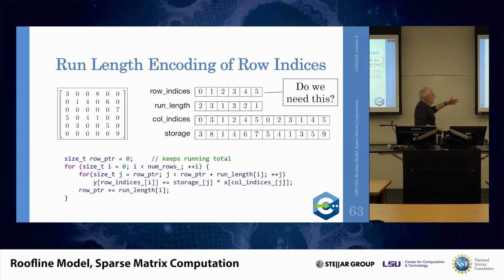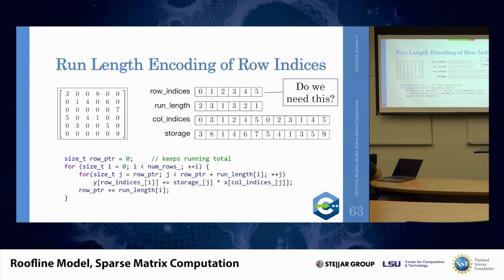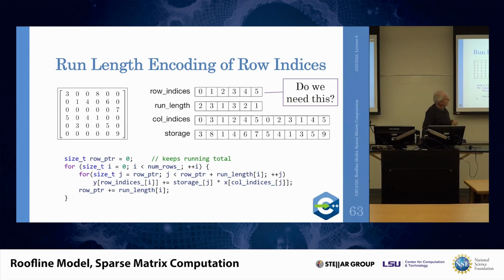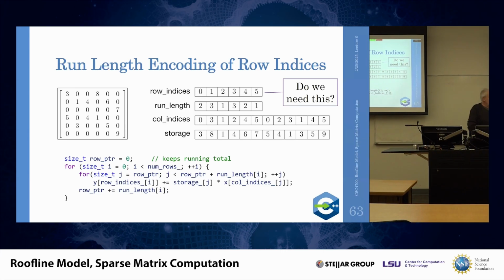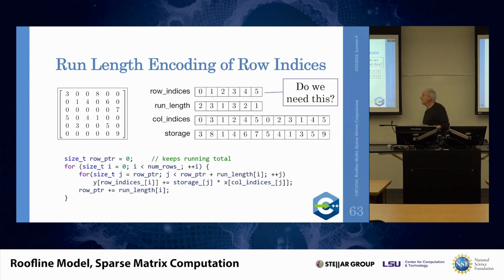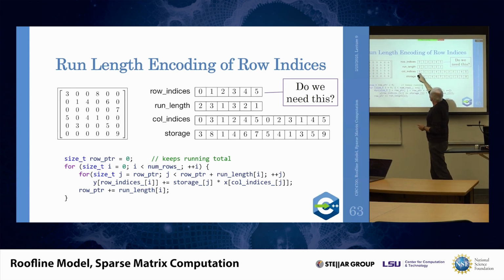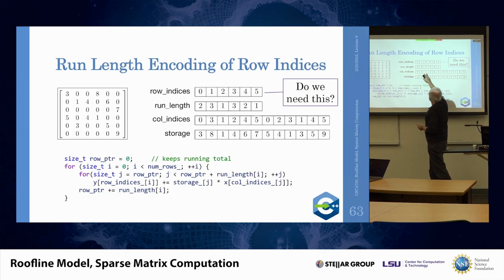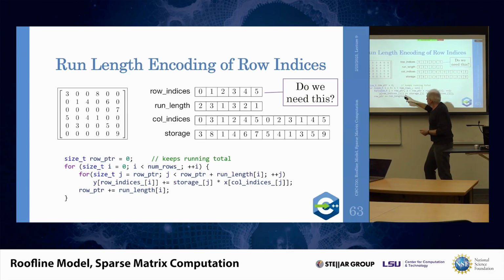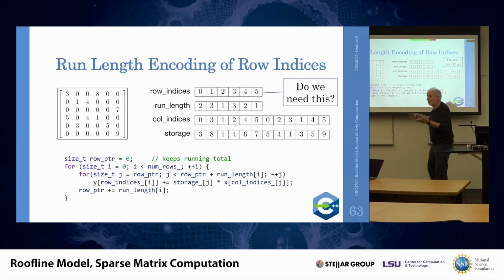On the other hand, if we now try to rewrite our algorithm to work with these arrays, what we need is a running index that keeps track of where to start the next row. The first row starts at 0, the second row starts at 0 plus 2, the third row starts at 0 plus 2 plus 3, and so on. So this row pointer is kind of a running index.